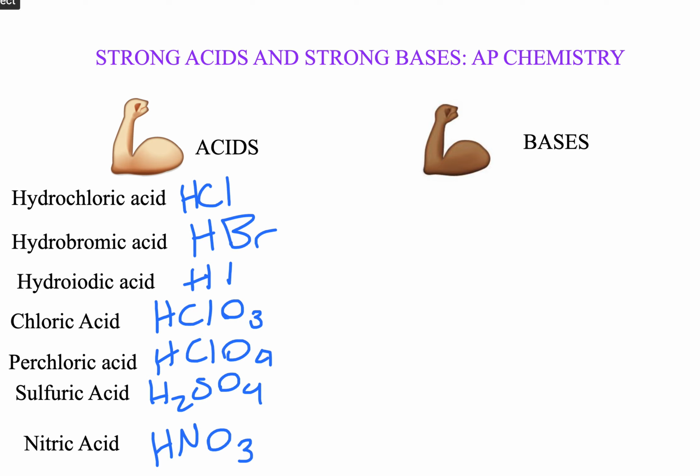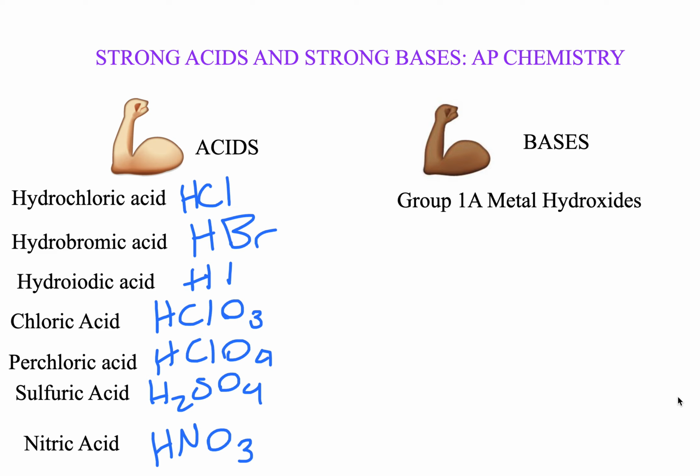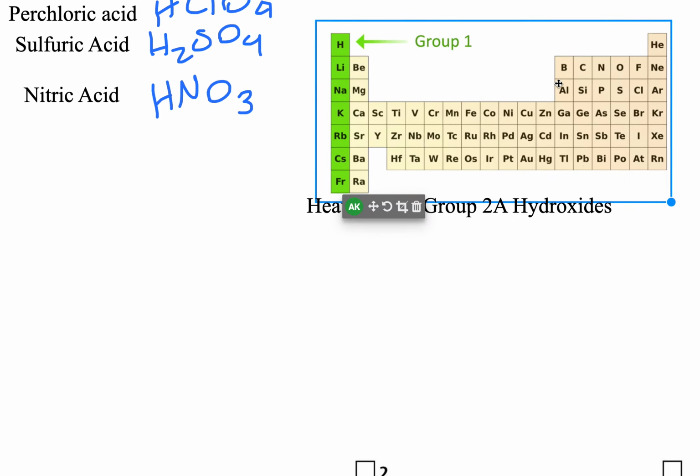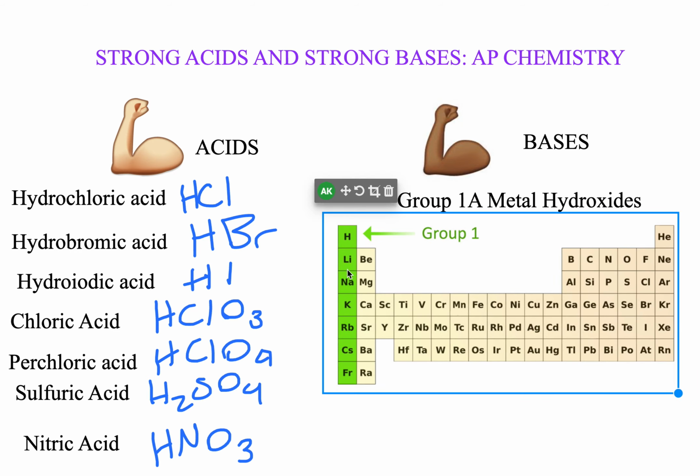So now let's move on to our strong bases. Our first set of strong bases are group 1A metal hydroxides. So you may be wondering, well, where is group 1A? And that is right here. This is group 1. So you see we have lithium, sodium, potassium, rubidium, cesium, and francium.